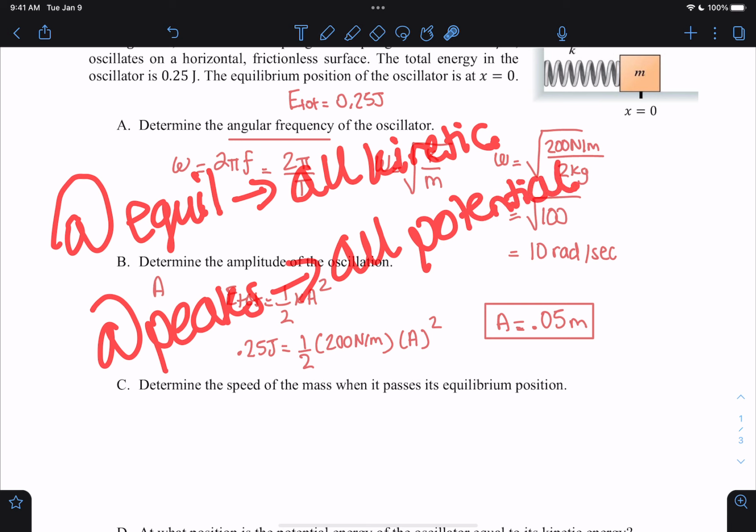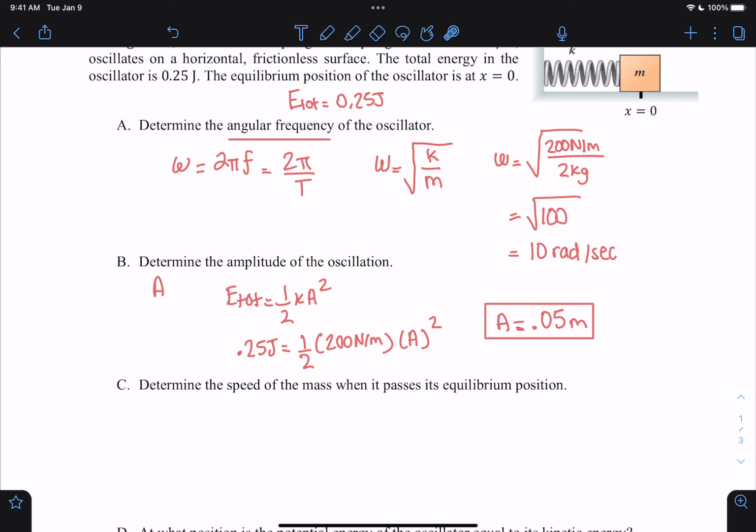So when you're maximally stretching or compressing, it's all potential. And then once you hit the equilibrium position, if you're compressing a lot and then you let go, once it hits that 0 point, it's technically not stretched or compressed, but it's moving at a very fast pace. And so that's also where you're having your maximum velocity or maximum speed. Make sense?